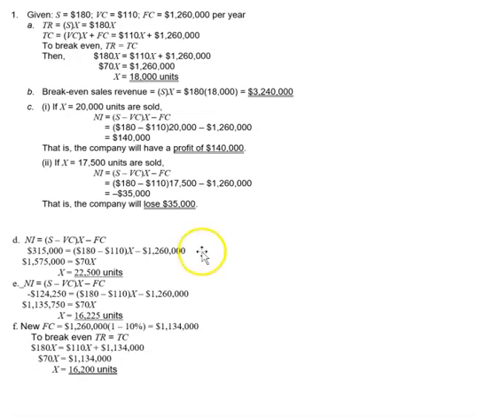Okay, so if we get rid of the negative 1.26 million, move it to the other side, that gives us 1,575,000 equals 70x. So then if you divide both sides by 70, it gives you x, or the number of units, to get 315,000 net income, which is 22,500.